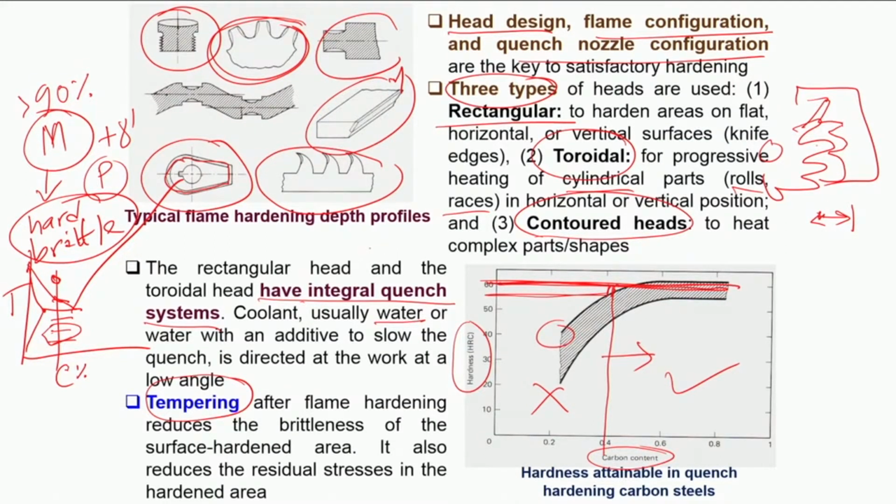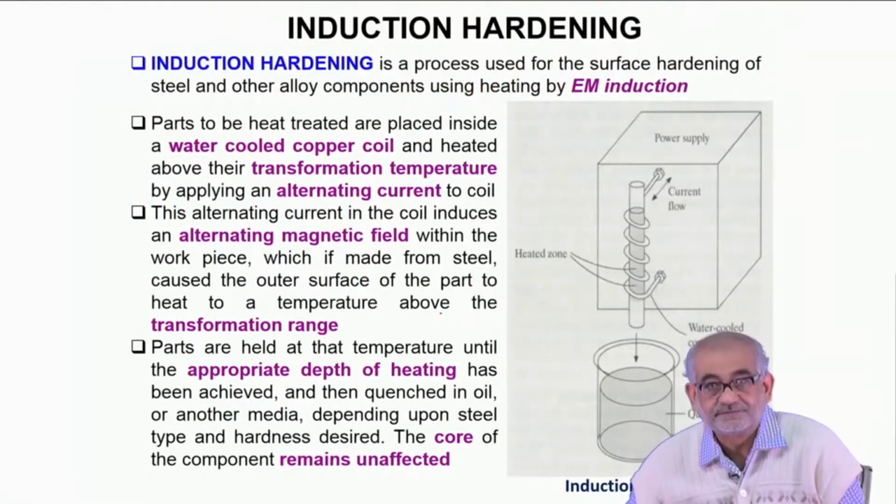So it is essentially a supersaturated solid solution, and if the supersaturation is due to less than 0.3% carbon, then that is not sufficient for creating the desired hardness after martensite formation.